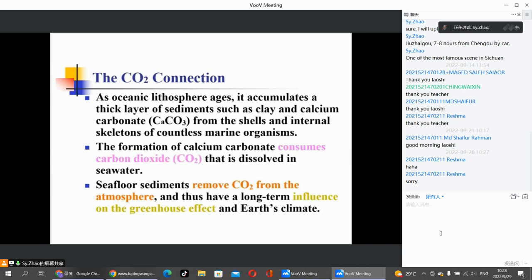The seafloor sediments remove carbon dioxide from the atmosphere and thus have a long-term influence on the greenhouse effect and Earth's climate. So this is the interaction between carbon dioxide and the oceanic lithosphere, which is very important in our current climate of the Earth.